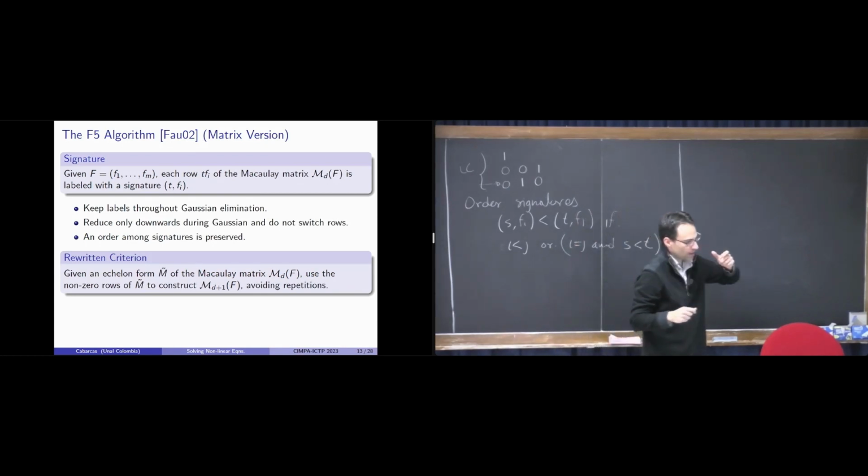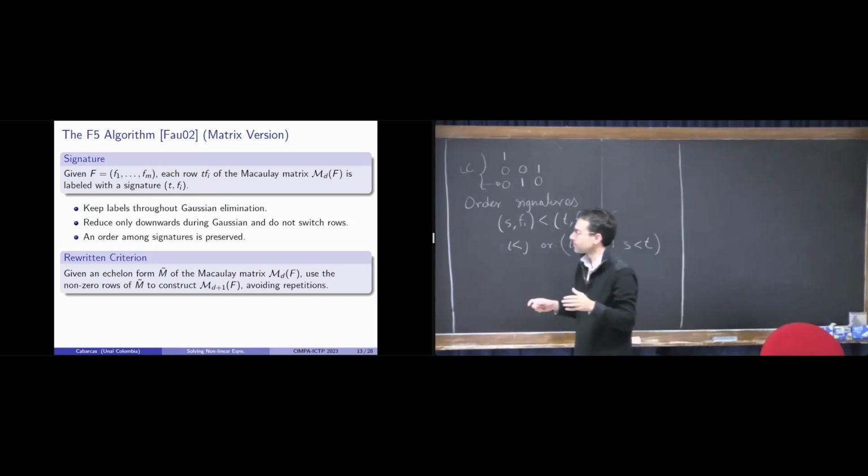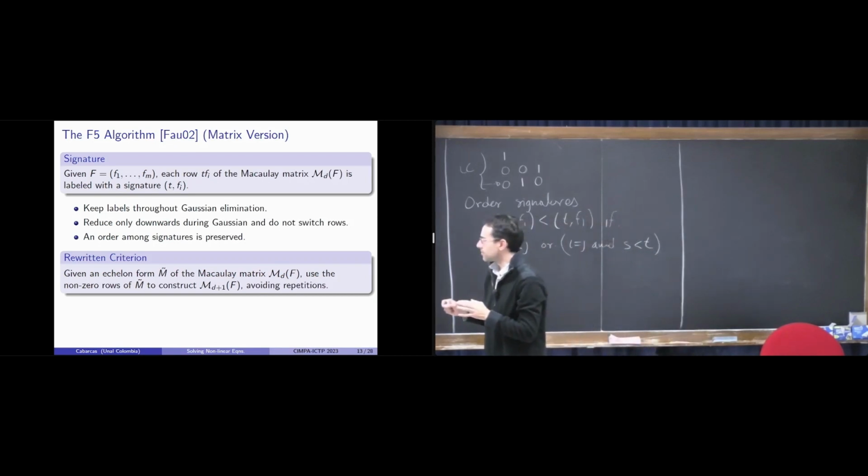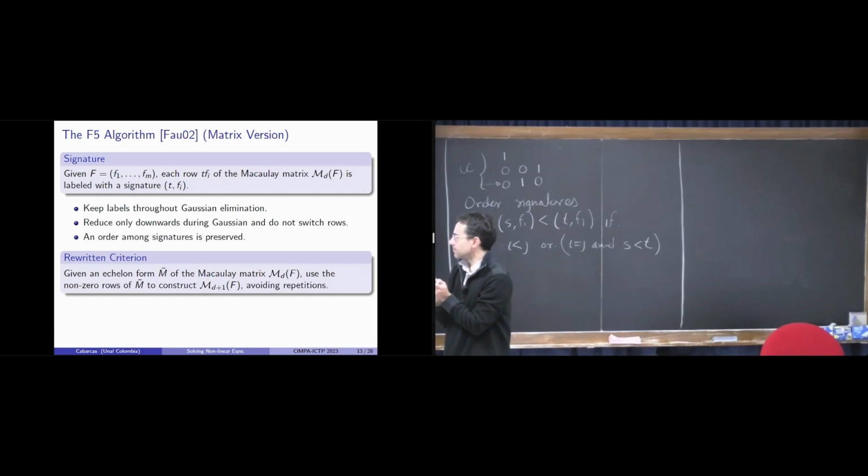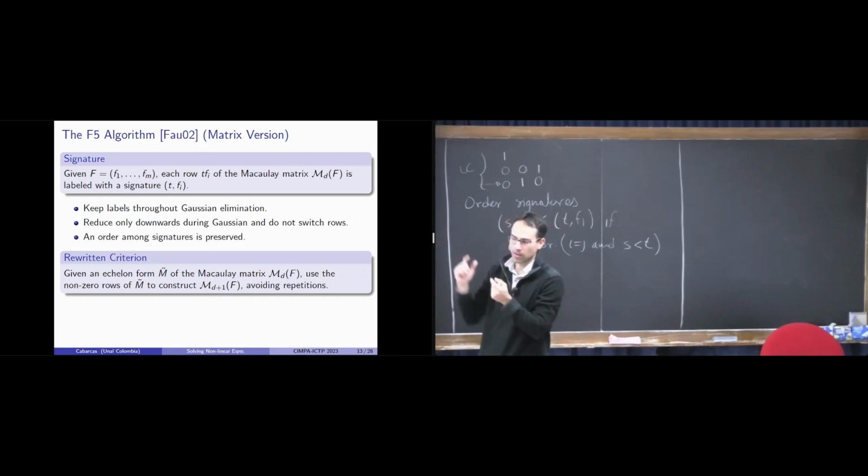So given an echelon form, M tilde of the Macaulay matrix at degree d, we're going to use the non-zero rows of M tilde to construct the next degree Macaulay matrix. And we're going to do it avoiding repetitions.